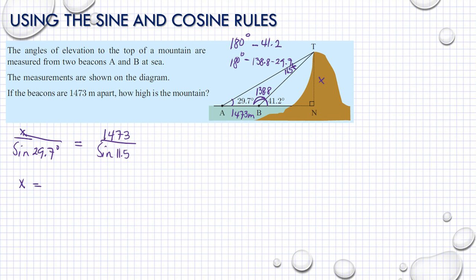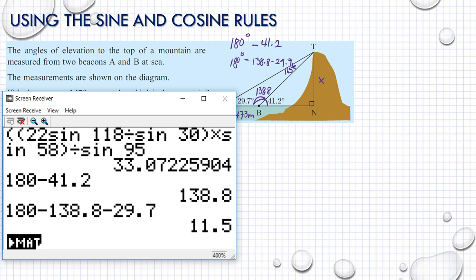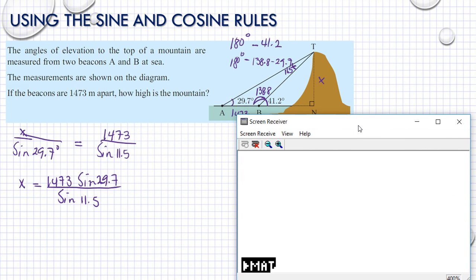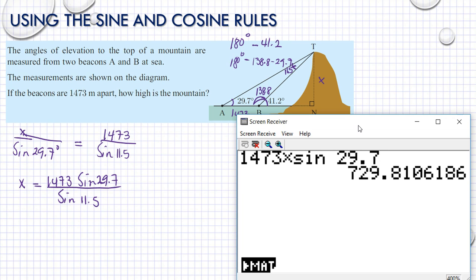Finding the x, that is 1,473 sine 29.7 divided by sine 11.5. Using our calculator, we have 1,473 multiplied by sine 29.7 divided by sine 11.5.